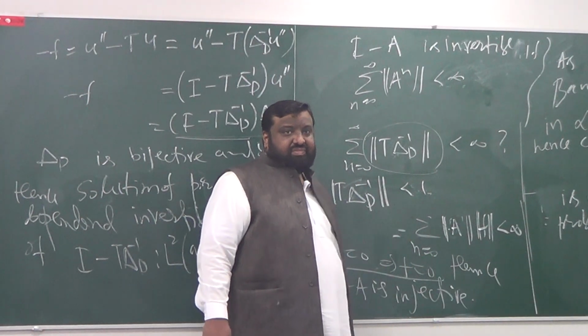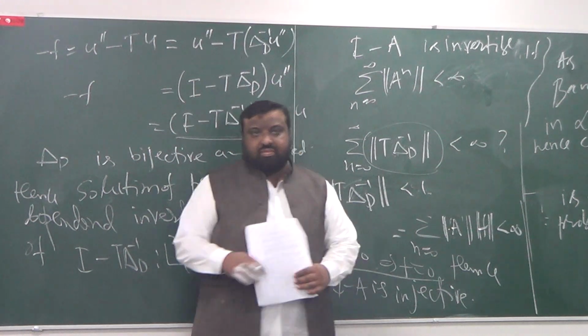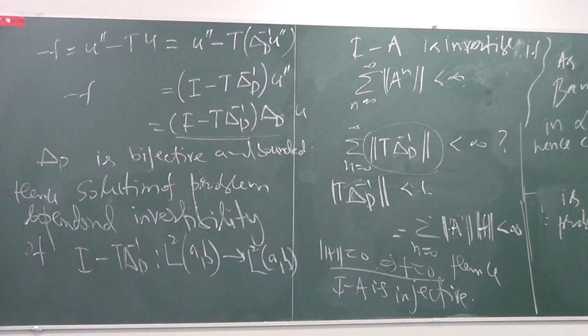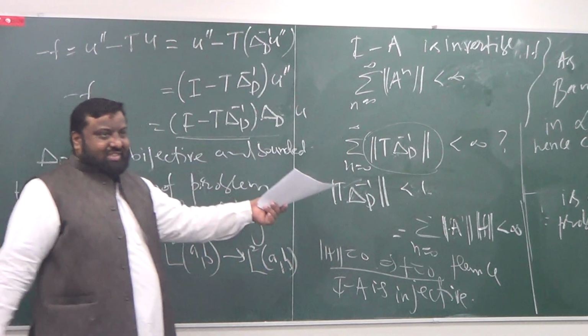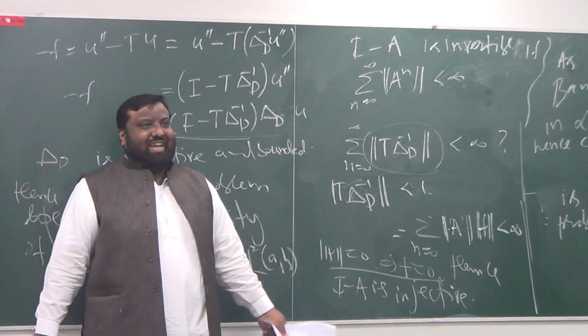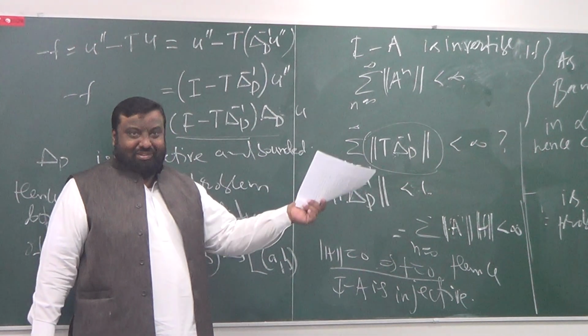Sir, even if it is less than 1, let's say it's 0.5, adding that 0.5 infinite times? In other words, you have to choose something less than 1 cleverly so that the series converges. I'm not saying take any random value.